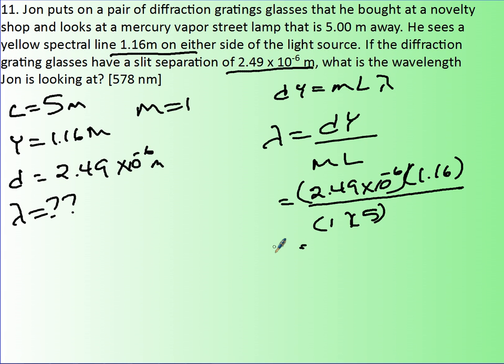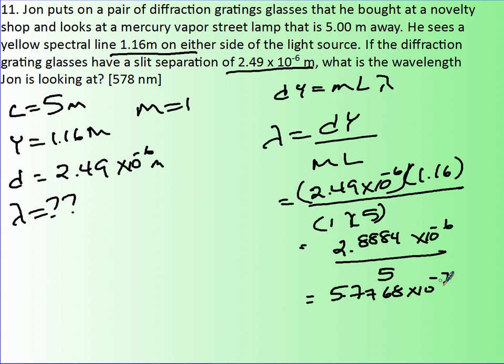Going to multiply your numerator across. 2.49 times 10 to the negative 6 times 1.16 is 2.8884 times 10 to the negative 6. Now 5 times 1 is just 5. So 2.8884 times 10 to the negative 6 divided by 5 is 5.7768 times 10 to the negative 7 meters. You can leave it that way, or you can convert it to nanometers, which is 578 nanometers.